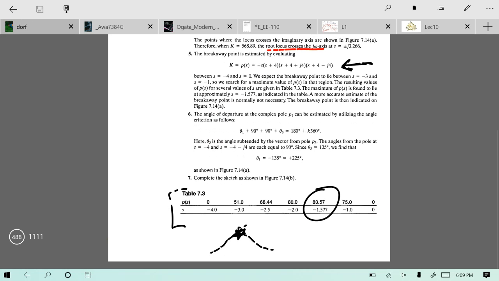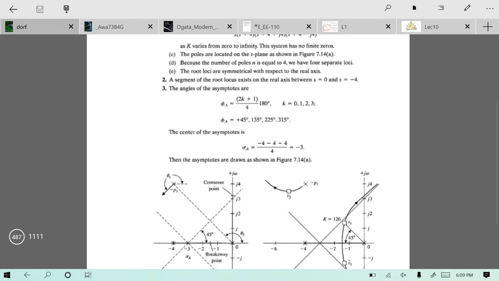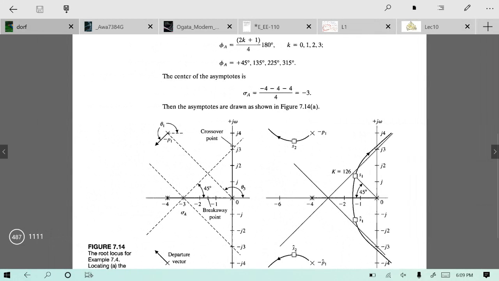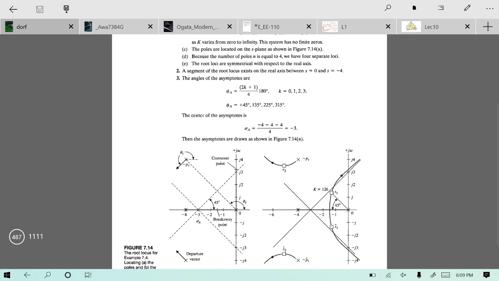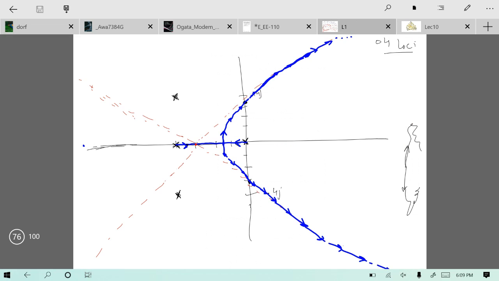Let's see in the picture. So this is the root locus for one pole and this is the root locus for the second pole. So what about these two poles?